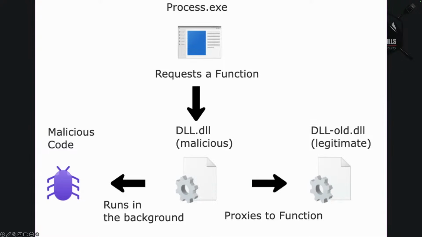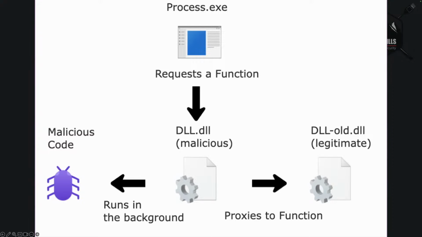Well, our DLL is going to get that request. And it's going to say, wait a second. Okay. This function is not one of my malicious ones. It's a valid one. I'm going to go find the original DLL, say DLL-old, send that request to it, and load it so that way it can actually do what it needs to do so the process doesn't crash.